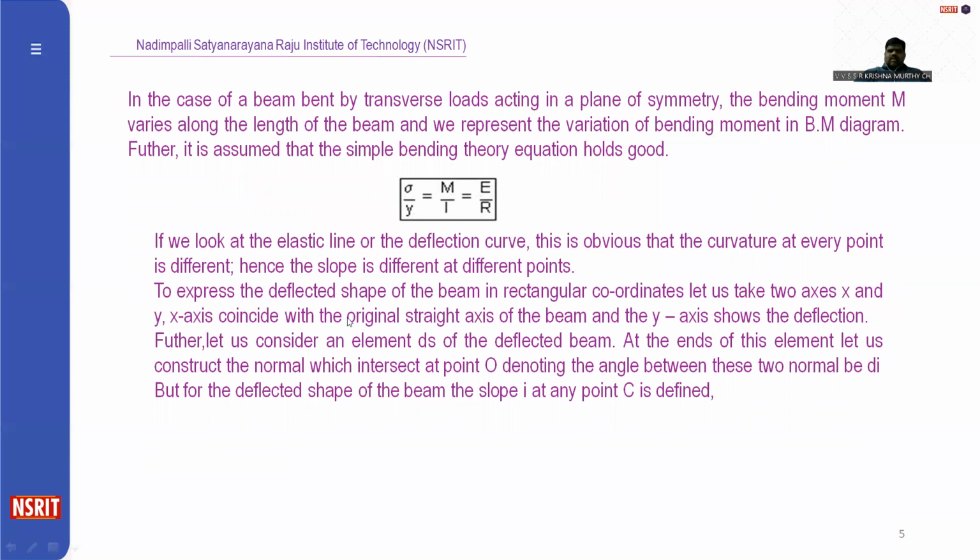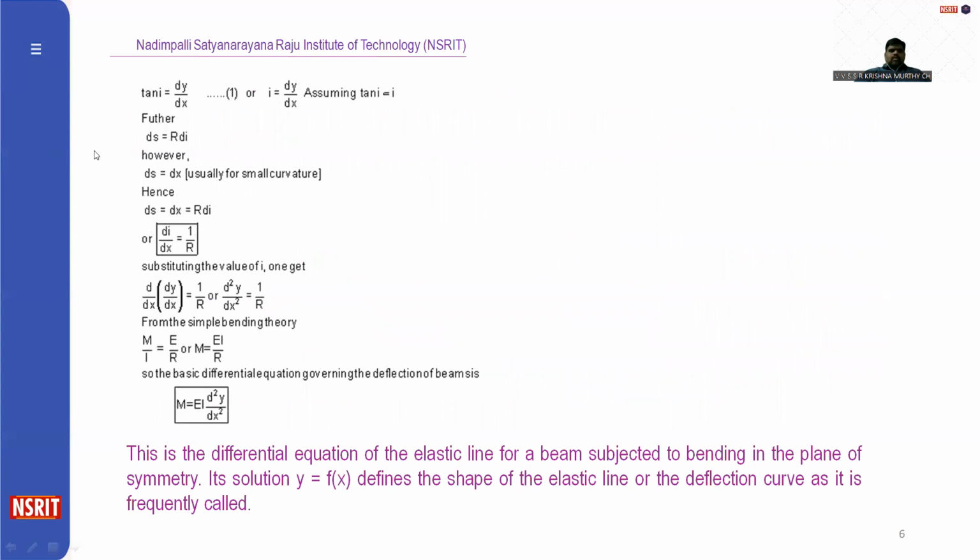To express the deflected shape in rectangular coordinates, let us take two axes, x and y, with respect to the origin, where the x-axis is the origin and y shows the deflection of the beam. At the ends of this element, let us consider normals intersecting at point O. Then we know that tan i is nothing but dy by dx, where i is the slope, dy by dx.